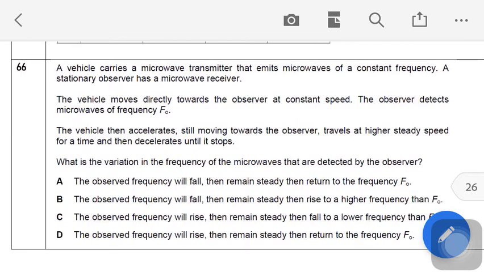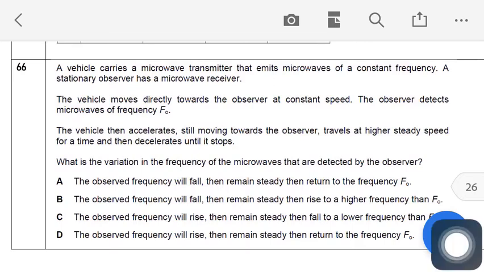So what is happening here is first it is traveling with constant speed, and when it is traveling with constant speed, the observed frequency is f0. Then it accelerates, then it travels at a higher constant speed, then it decelerates and comes to 0.